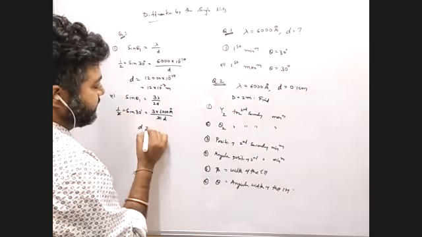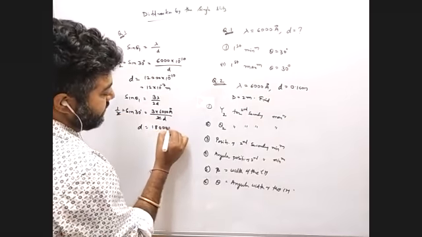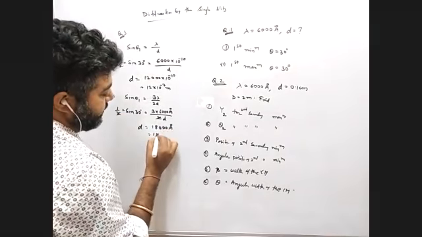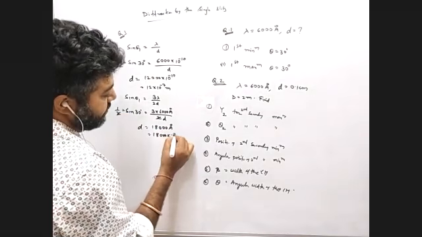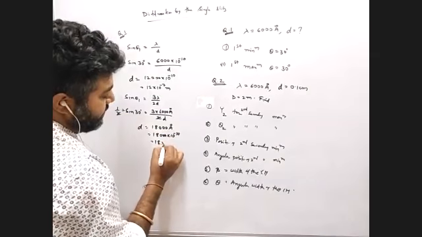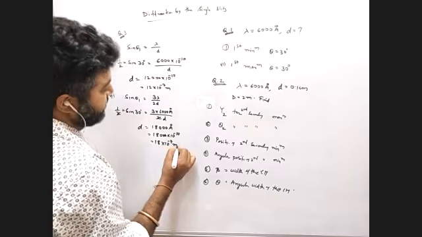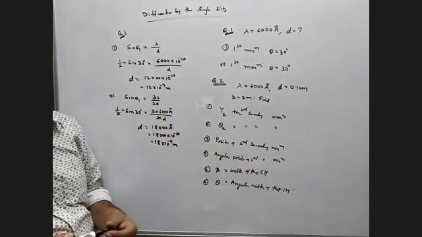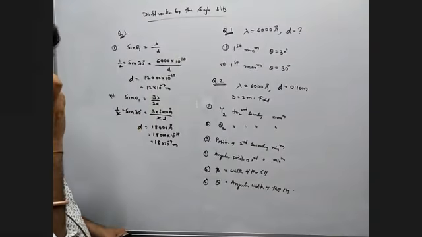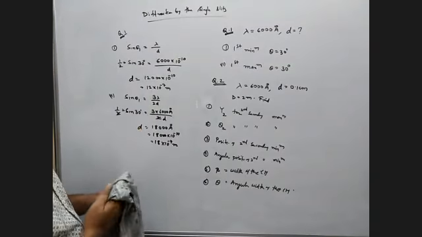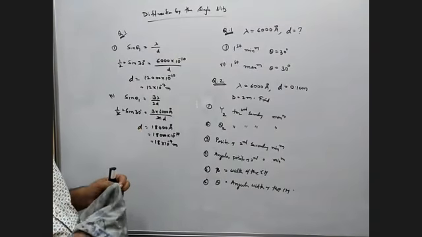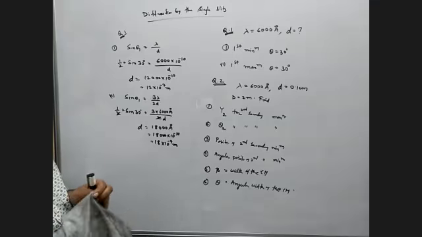This cancels. d is 18,000 angstrom, that is 18 into 10 to the power minus 7 meter. So this is the first question answer. Is it clear, everyone? Everyone, is it okay?